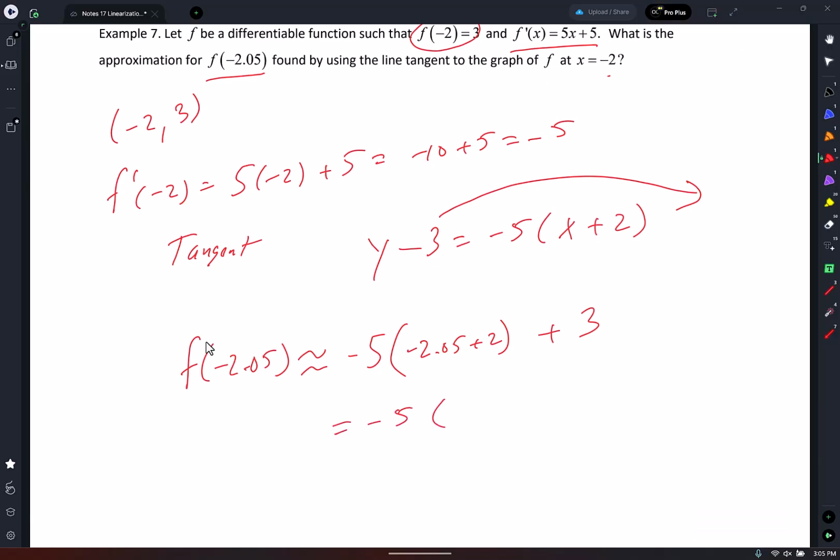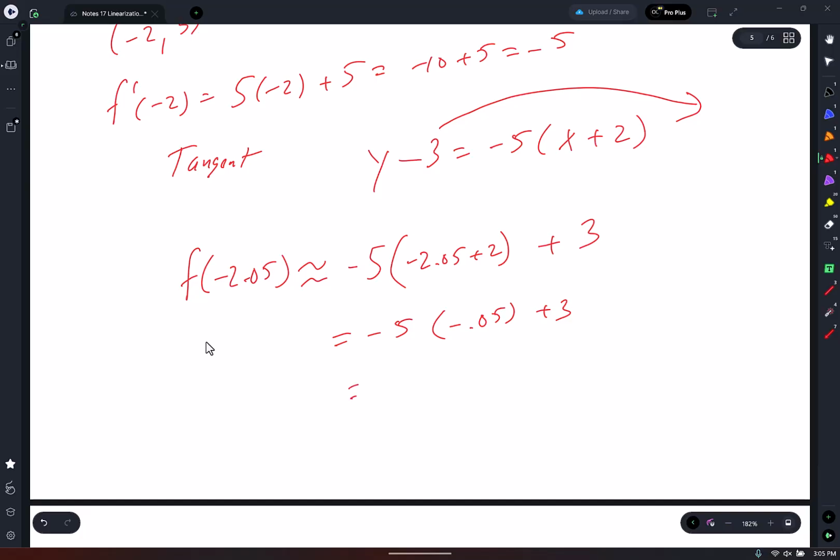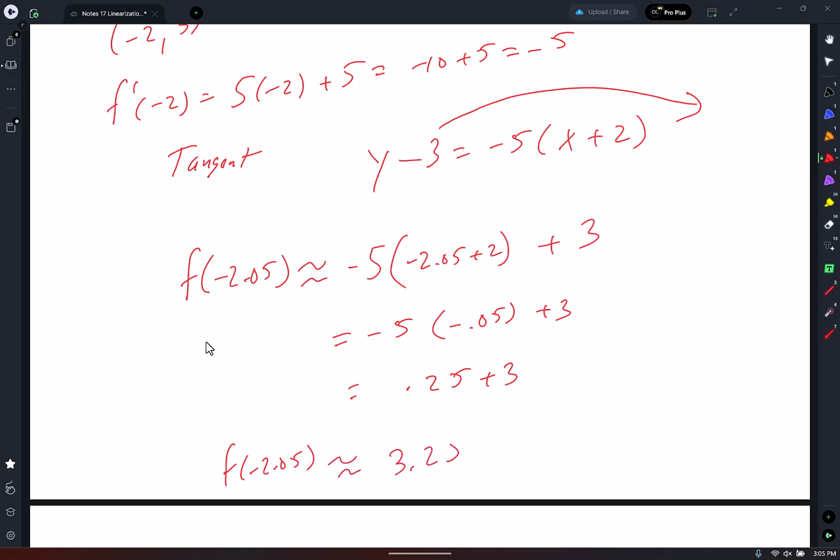Negative 5 times negative 0.05 plus 3. A negative times a negative is a positive, so 1, 2, is that 0.25? Plus 3. So f of negative 2.05 is approximately 3.25.